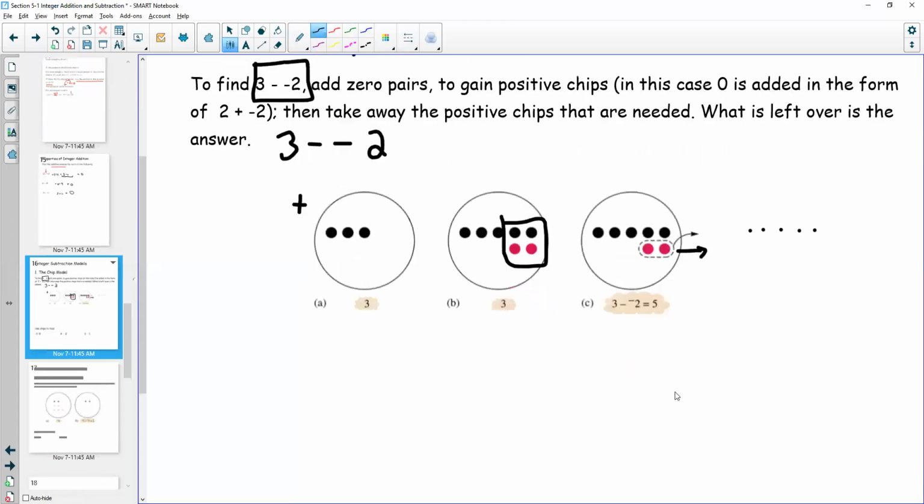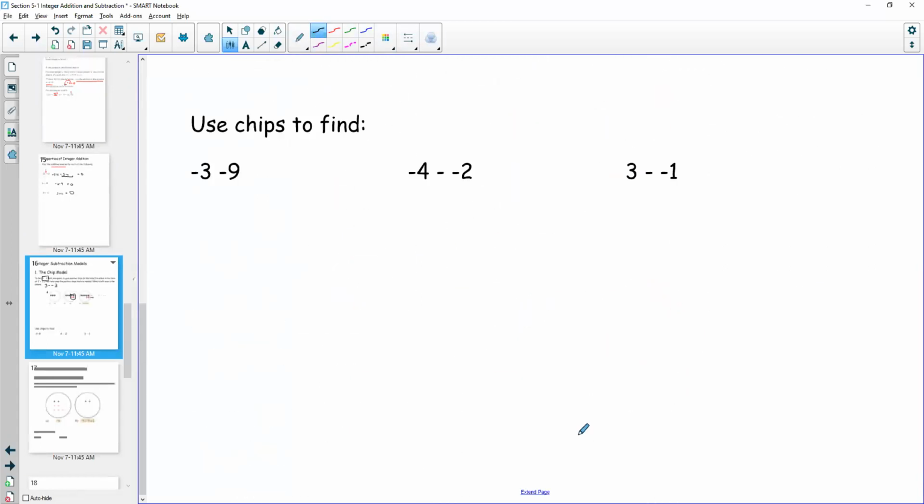Okay? So let's try a couple. So if I want to do negative 3 minus 9, okay, I'm going to start with 3 red chips. And I need to take away 9 of them, but I don't have 9 of them. So I'm going to add as many zeros as I need to get 9 red chips.